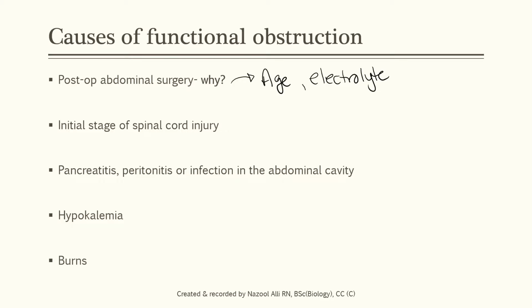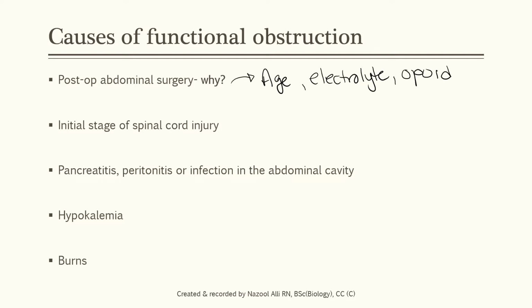Calcium as well can also become abnormal. Surgical factors, so start to think about medications that are used. So opioid medications, attaching to mu and kappa receptors in the intestine, slowing down intestinal motility. Also, we could have some contamination in the process when they're doing abdominal surgery. So there are a number of reasons why.